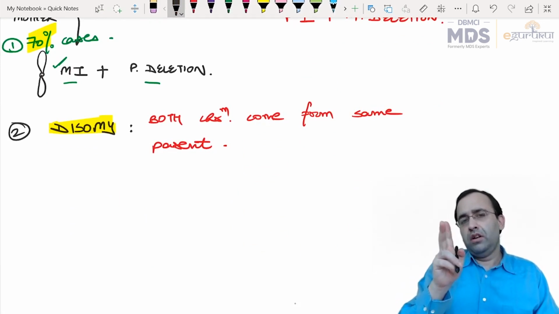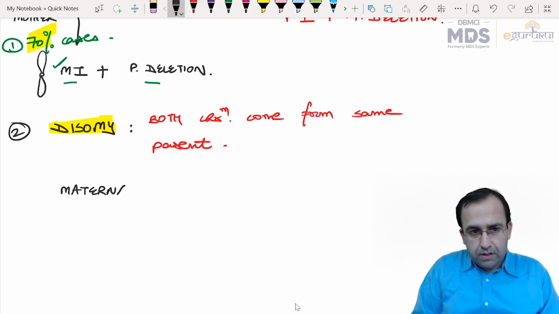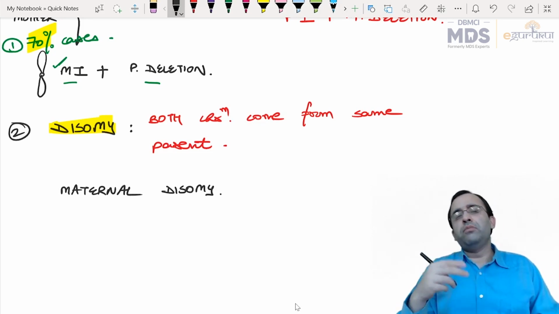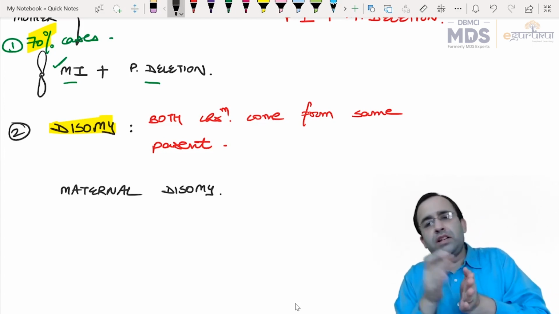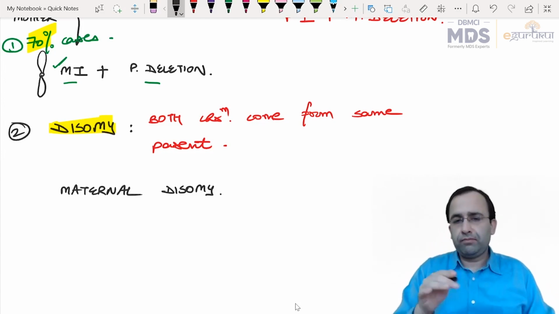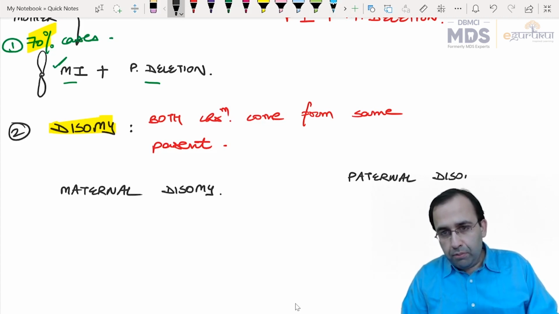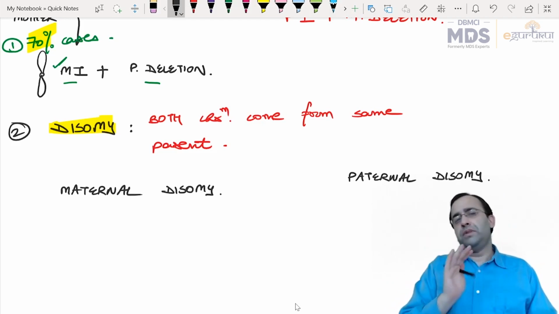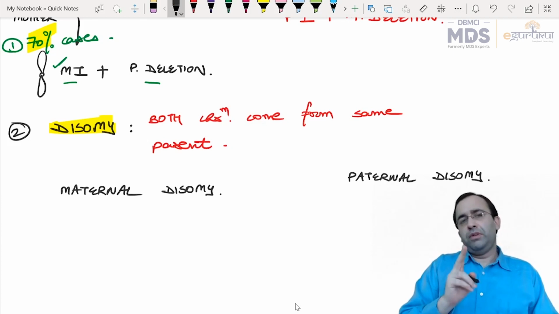Maternal disomy: both the chromosomes came from the mother, but they do not express themselves. Versus Angelman syndrome, which is paternal disomy. Both the chromosomes came from the father, but they do not express themselves. This is the second method of having the disease, disomy.